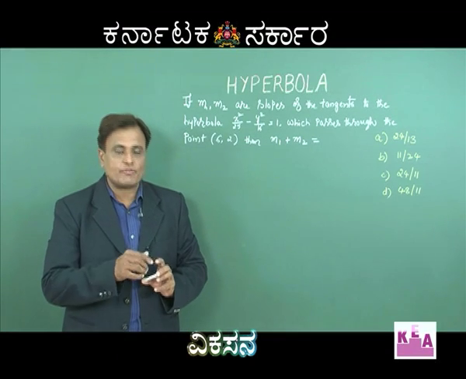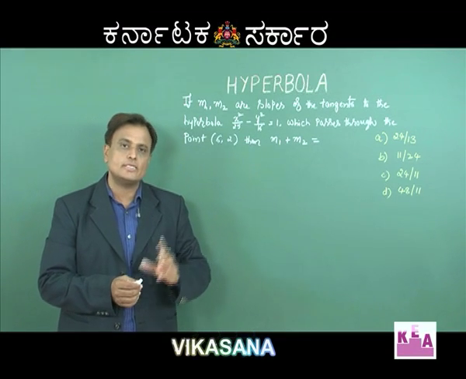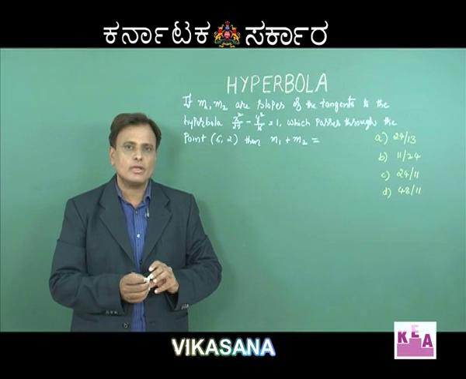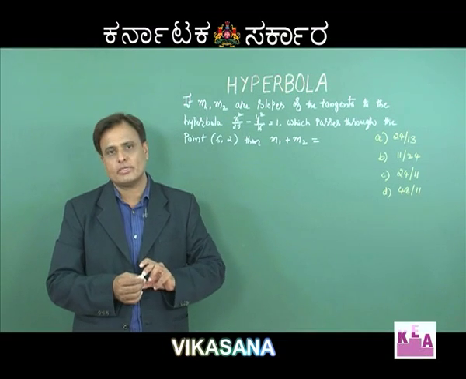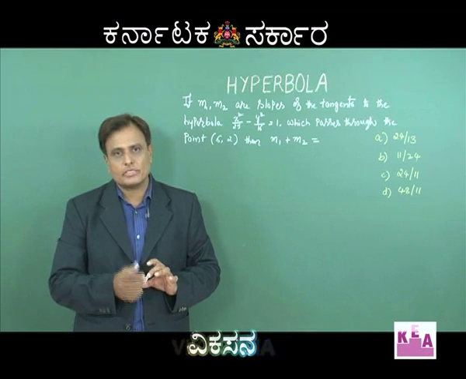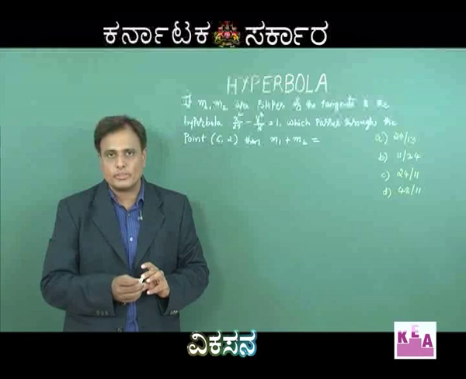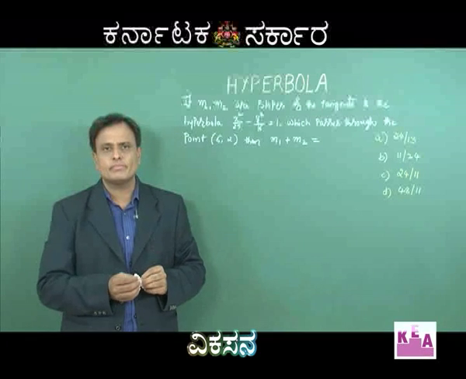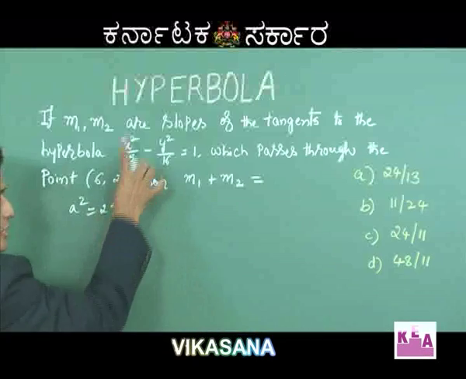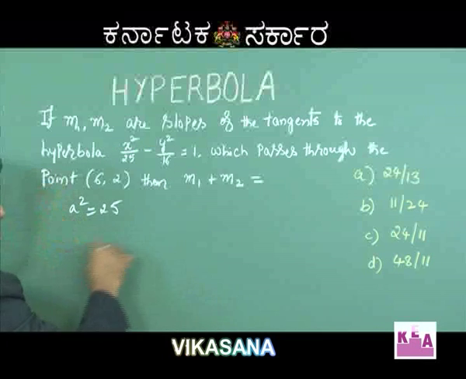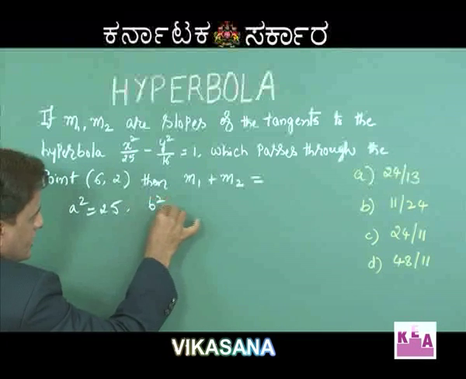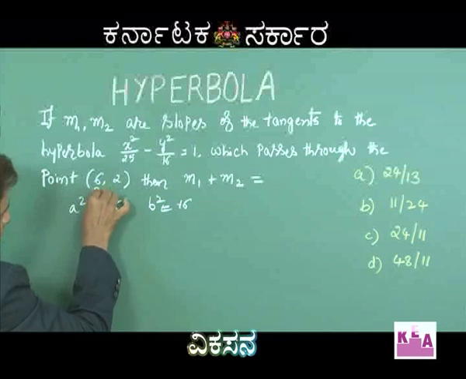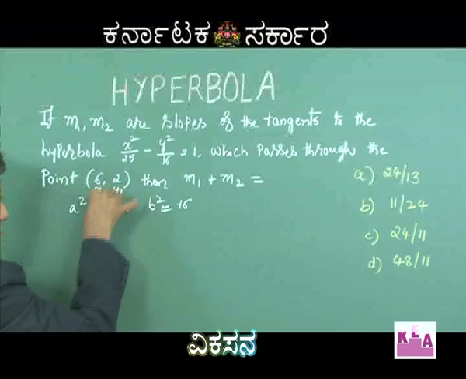Now, we first have to find out the slopes of both the tangents and then add them. Either you have to use the applications of derivative to find the slope, and it takes a lot of time. In the equation of this hyperbola, a square is equal to 25, b square is equal to 16. Take this given point as (x1, y1).